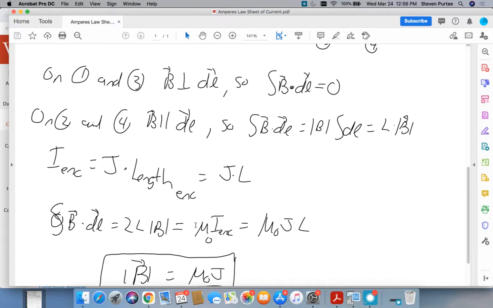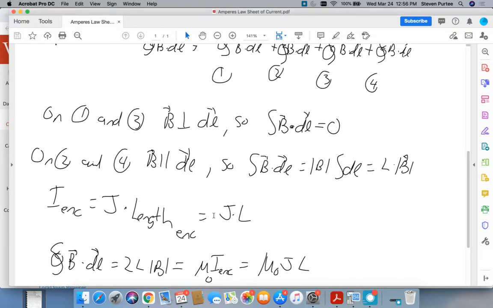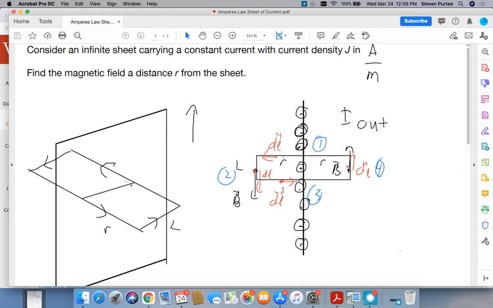That's supposed to be mu naught times I enclosed. How much of my current is enclosed? Well, since J, like you can just look at units here. Since J is current per unit length, the intersection of my cross-sectional area here and my sheet is just right here.